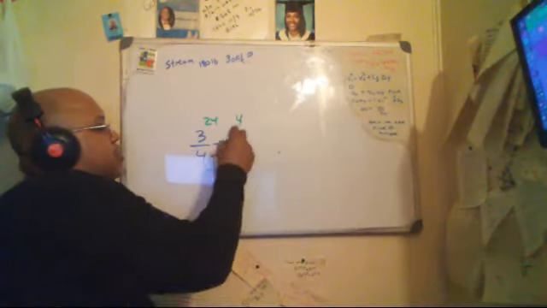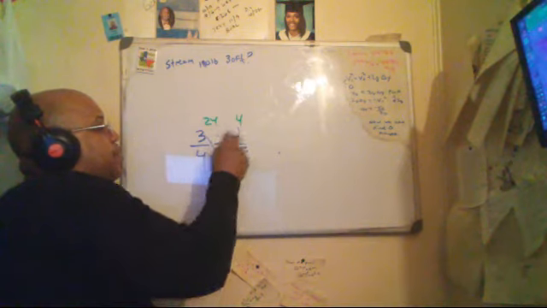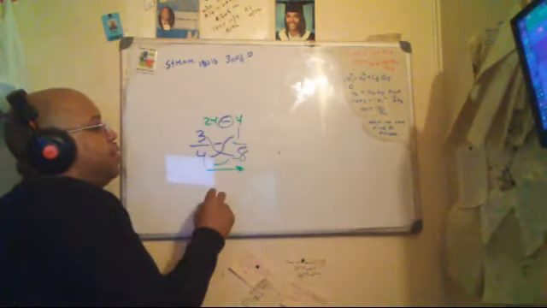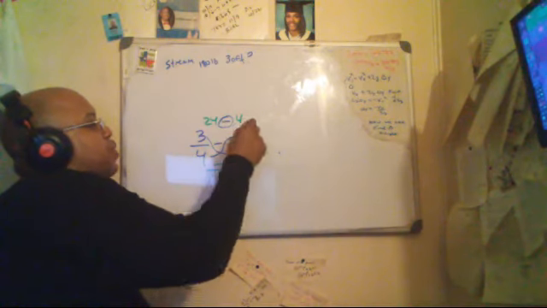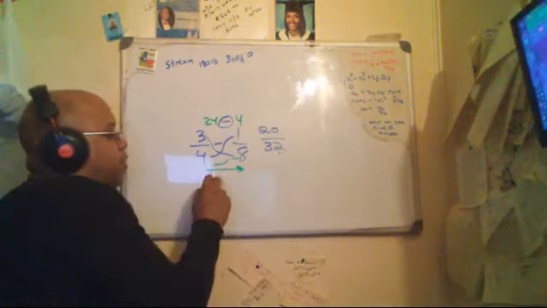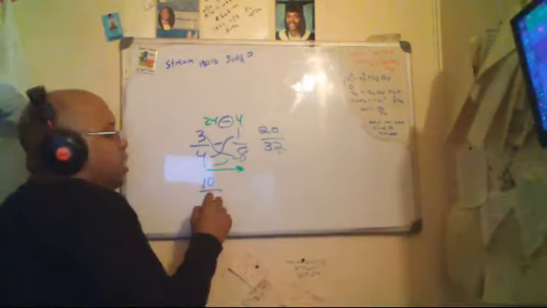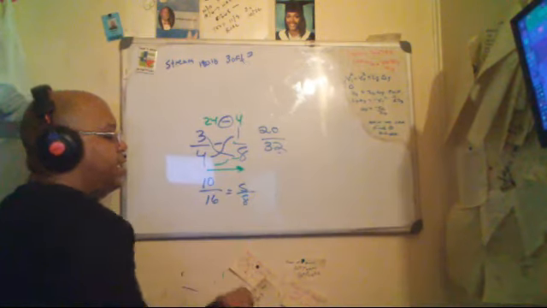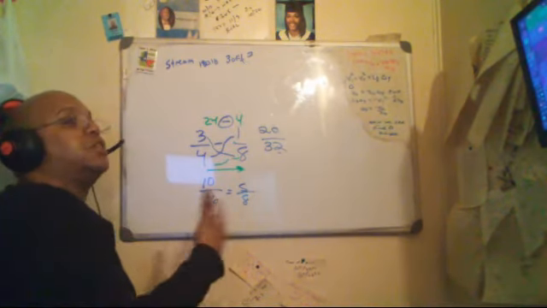We're still going to use the same process. 4 times 1 is 4, but we're subtracting now. So I put my minus symbol up there to remind me what I have to do. 24 minus 4 is 20, and we're still going to get 32. Reducing to 10 over 16. Final answer, 5/8.